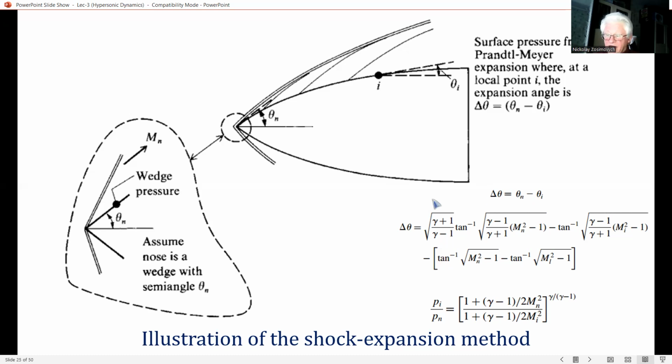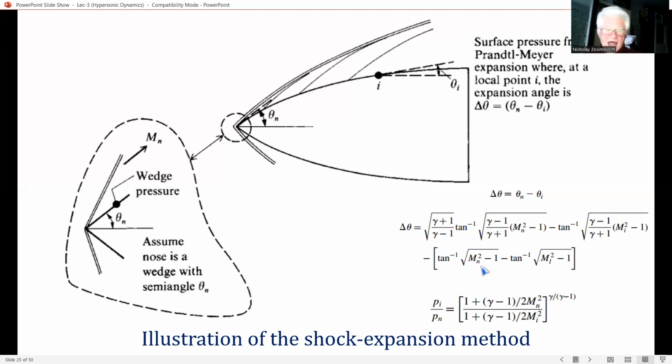Very large and maybe not convenient for us, but generally it's not difficult, because we have analogous terms using gamma minus 1 and gamma plus 1, first positive on top and negative on the bottom, then the opposite in the next term, and after that we simply have the Mach number Mn squared minus 1 and Mach number M I squared minus 1.